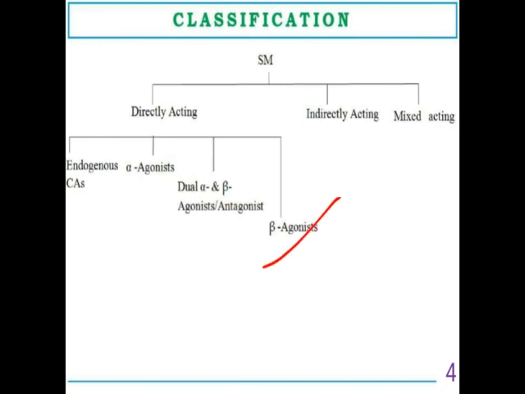But those which act on both alpha and beta become alpha and beta agonists. Endogenous catecholamines are actually not drugs, they are neurotransmitters secreted in our body, like epinephrine and norepinephrine. So this comes under the endogenous catecholamine agents.